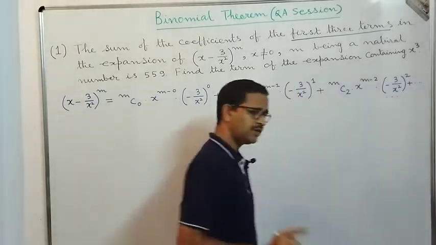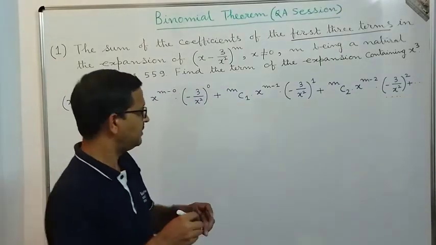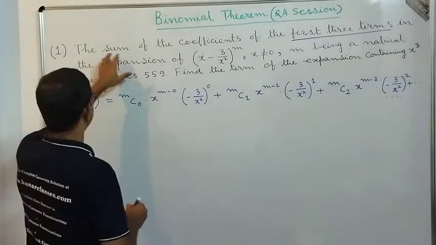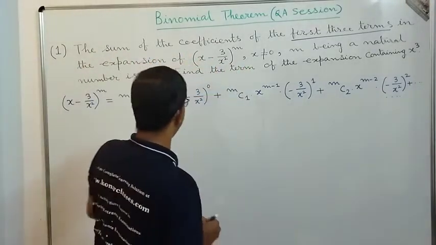We are not interested in finding the terms beyond the third term. Why? Because according to the question, it is the sum of the coefficients of the first three terms.